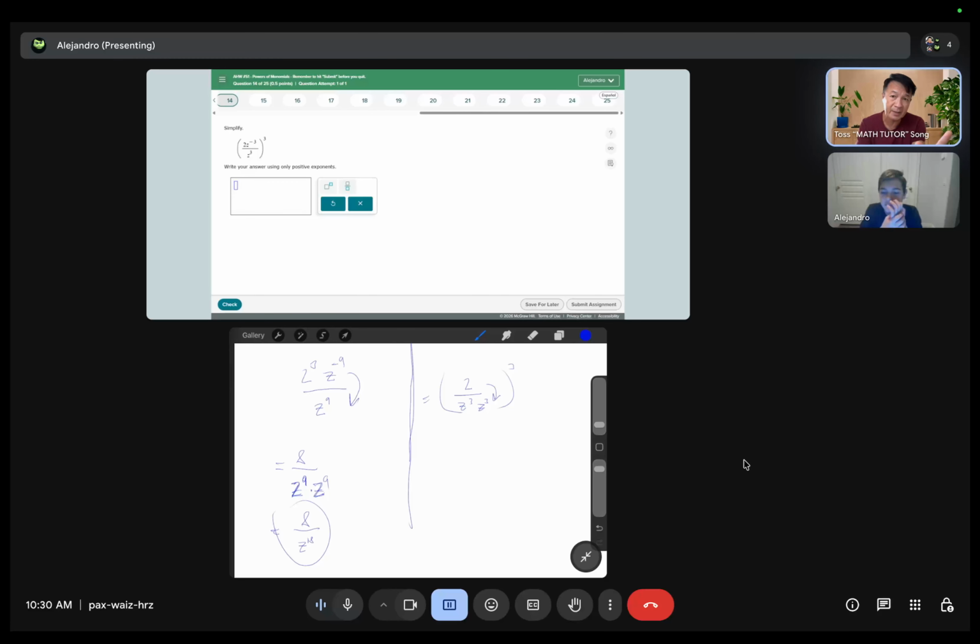I know that PEMDAS says do the parentheses first. You're way beyond that now, by the way. You can do whatever you know you can. You know PEMDAS really well by now, but you probably don't think about it anymore. That means you can do this in this order or this order. You could throw in the 3 in any order you want, because the properties of exponents supersede PEMDAS to some extent.